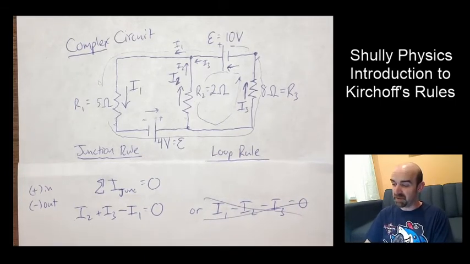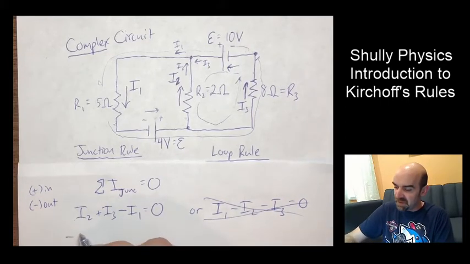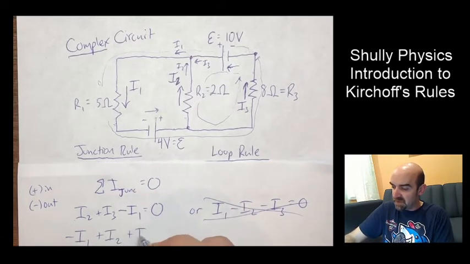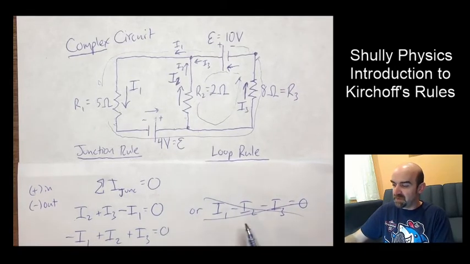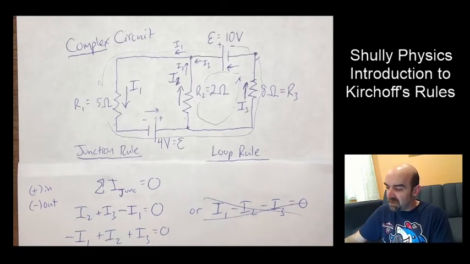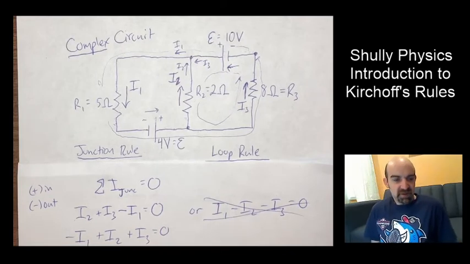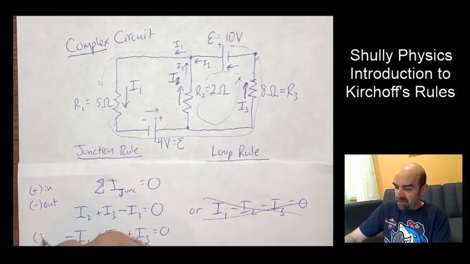I am going to, though, before I go to the next step, reorder these so that one's in the front. So I have a negative I1 plus I2 plus I3 equals 0. Oops, that's kind of what I had. Oh, no, that's it. Just reordered them. And that is our third unique equation.